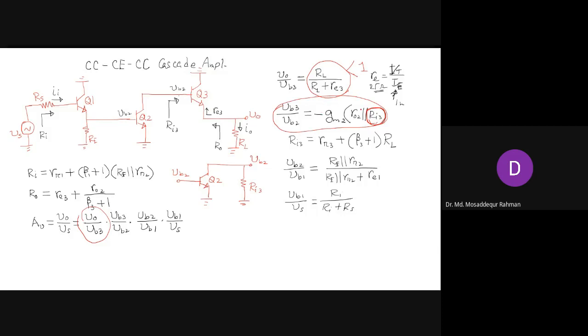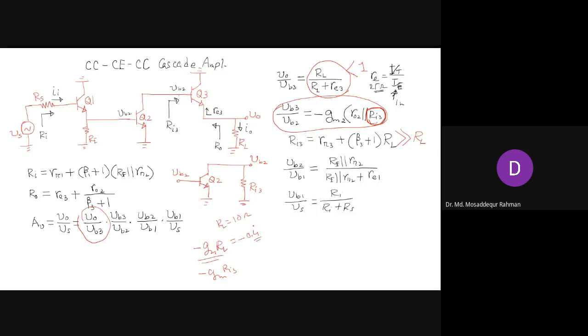But if you look at the expression for the common emitter, there's a big improvement, because before it was minus gm RL, and now we have minus gm Ri3, and Ri3 is much larger than RL. Before, we saw that if RL is 10 ohm, the overall gain reduces to only 0.4.